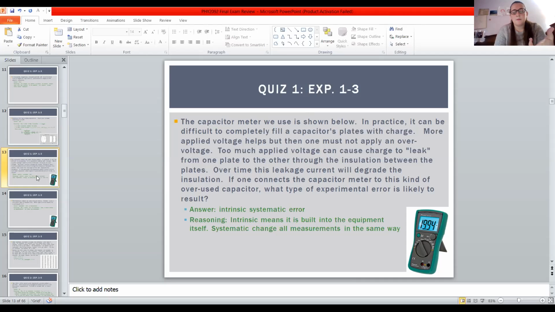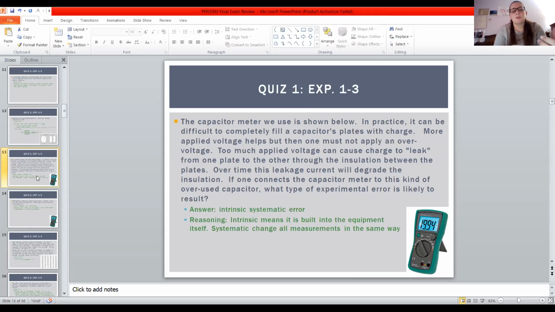So that would be intrinsic because my heart rate is built into me, and random because it won't affect all of my measurements the same way. Like if I change my breathing or whatever, that's the example that he gives for intrinsic random error.